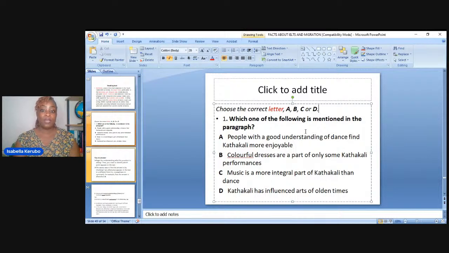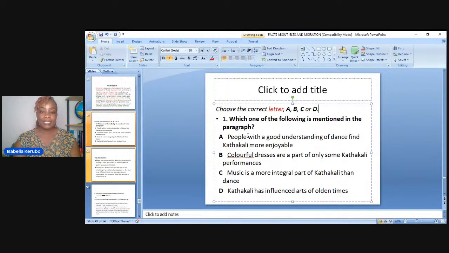So which of the following is mentioned in the paragraph? Option A, people with a good understanding of dance find Kathakali more enjoyable. Okay. Colorful dresses are a part of only some Kathakali performances.